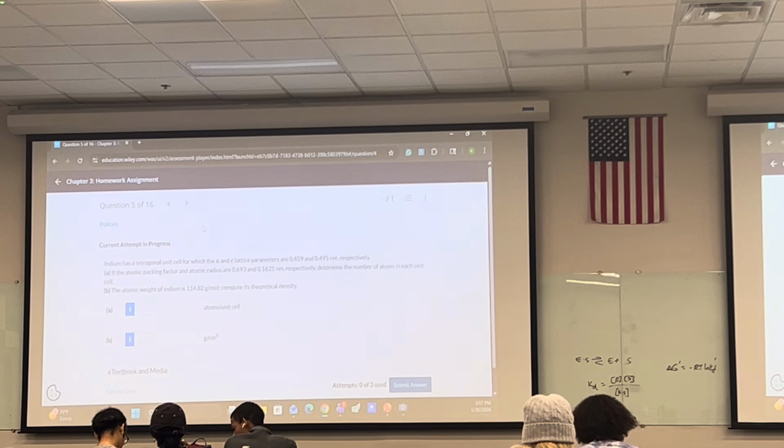Number 5. They mention indium has a tetragonal unit cell. The a and c lattice parameters are given right there as 0.459 and 0.459, and for c it's 0.495.